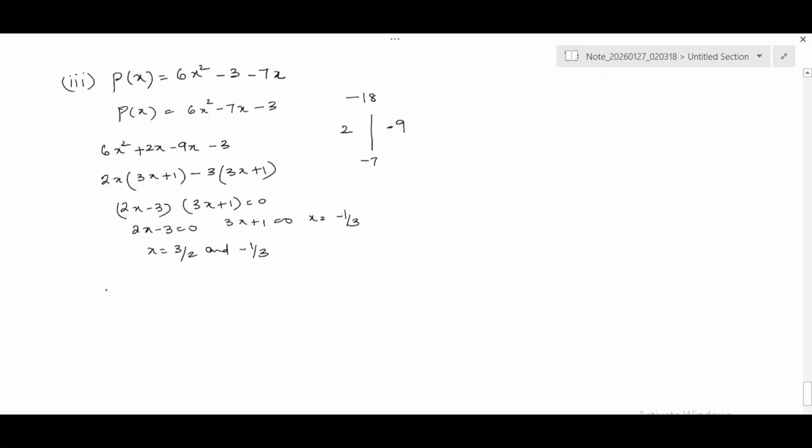Okay, now sum of zeros is equal to 3 by 2 plus minus 1 by 3. So it is 3 by 2 minus 1 by 3. So we will take LCM. LCM will be 6, into 3, into 2. 9 minus 2.